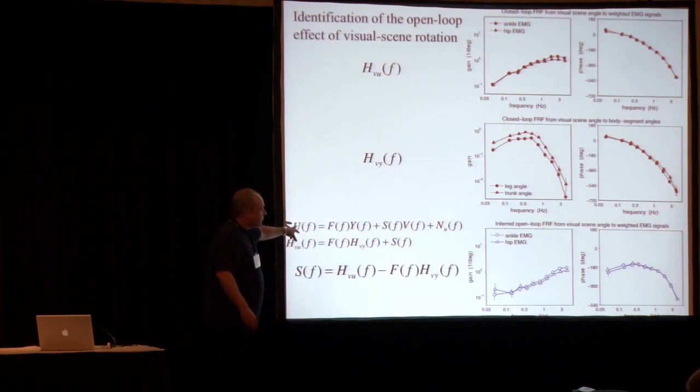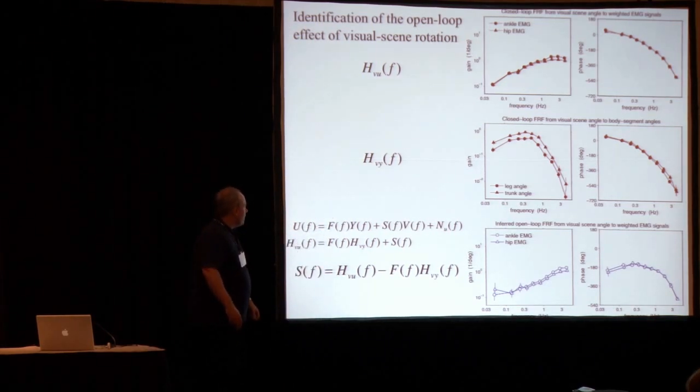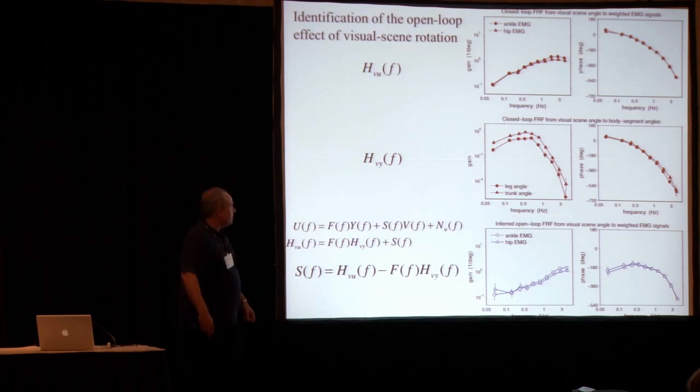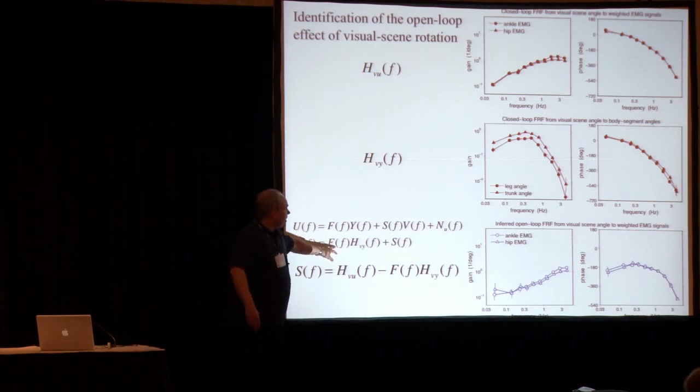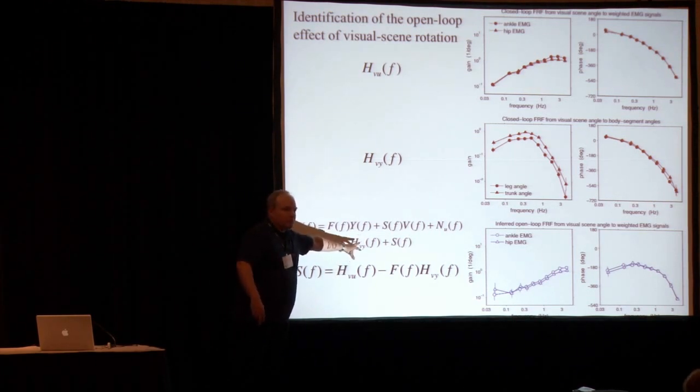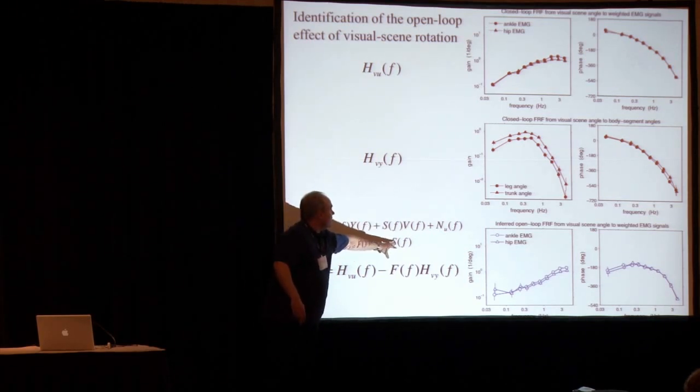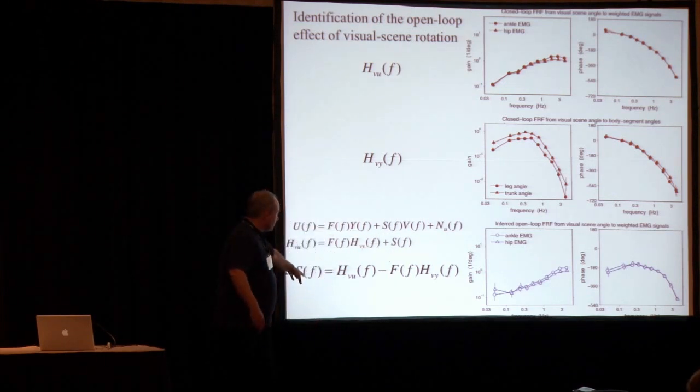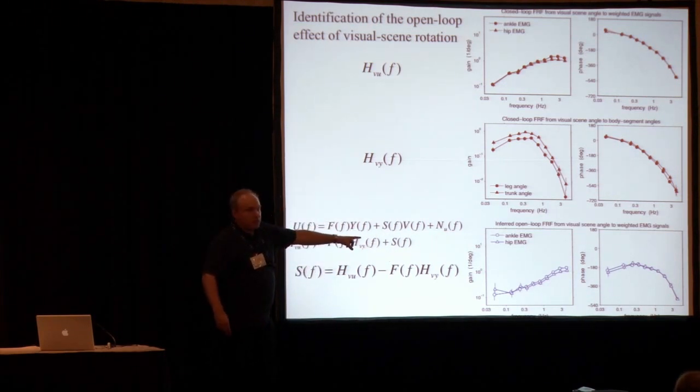You go back to the equation for EMG, and what you see is that the closed loop response of EMG to the visual perturbation depends on feedback times the closed loop kinematic response plus this open loop effect of the perturbation, which is what we want. So we can easily solve for S, and that is shown in the last row.